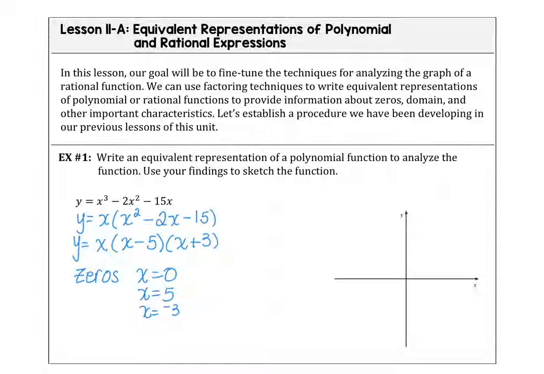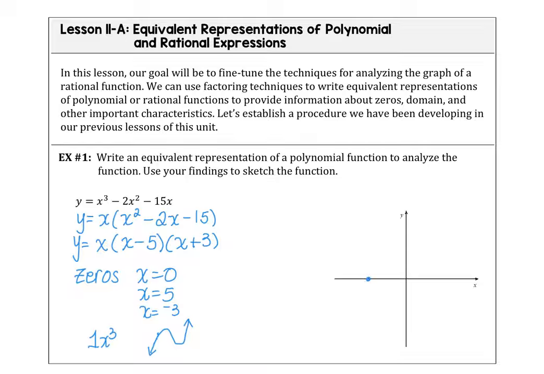So thinking about that and the fact that it's a positive 1x cubed, we know that the graph is going to start low and snake around and end high. So it's going to have that cubic look.